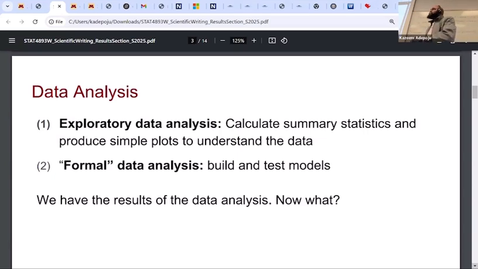According to John Tukey, in 1970 John Tukey worked on a paper called exploratory data analysis.